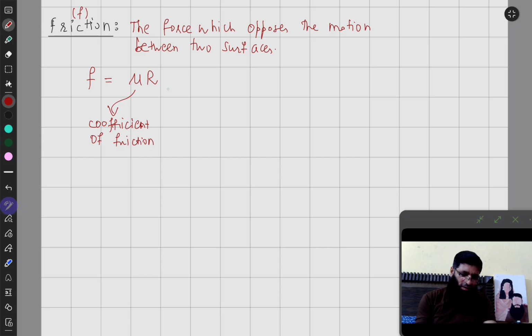And next thing is R. It is basically the normal reaction force, and it is always perpendicular to the direction of movement.